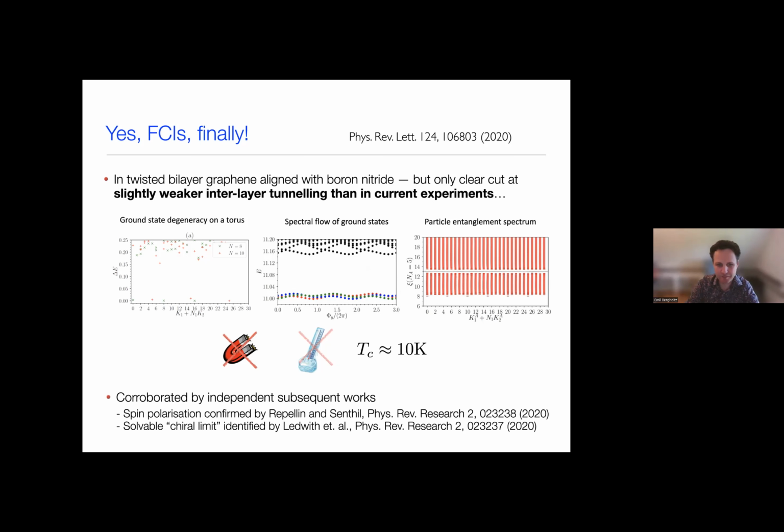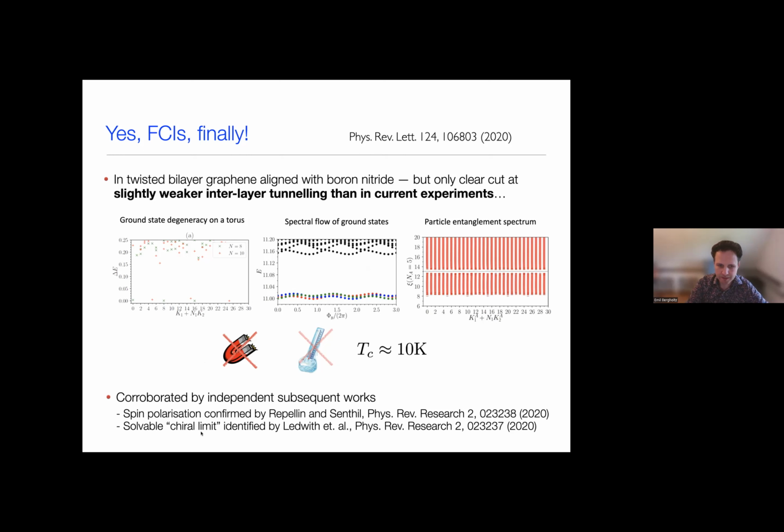And we came out with this paper very shortly after, a couple of weeks after. There were papers by the MIT group and by the Harvard group showing that first, there is spin polarization indeed. If you take spin into account, you find FCIs as well. We assumed it.